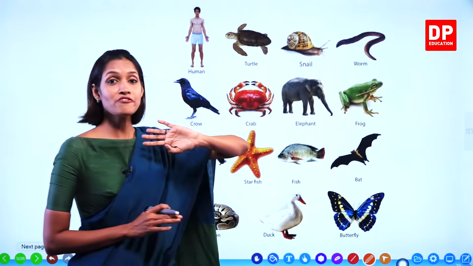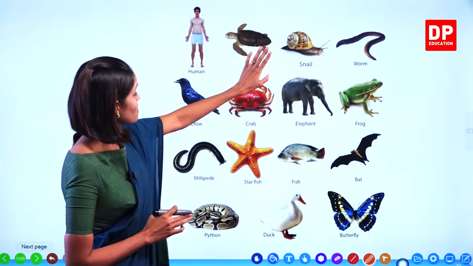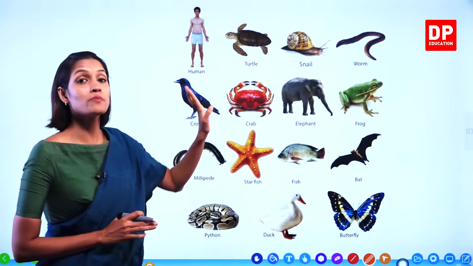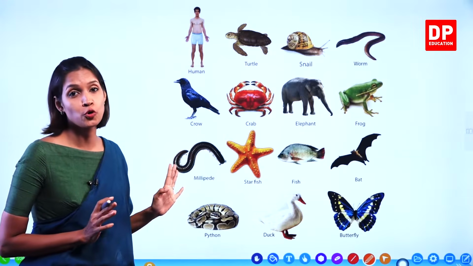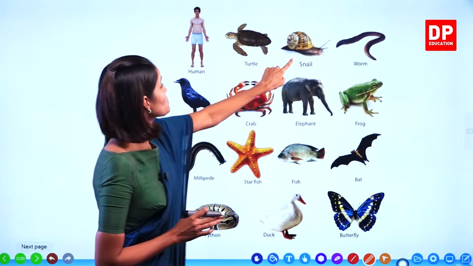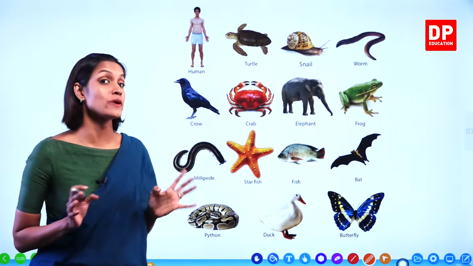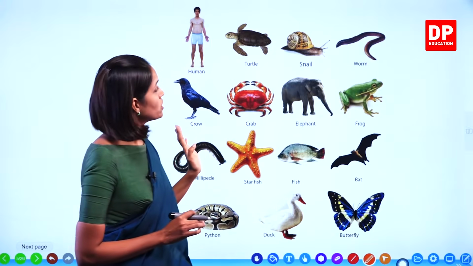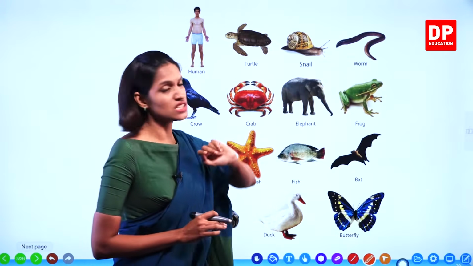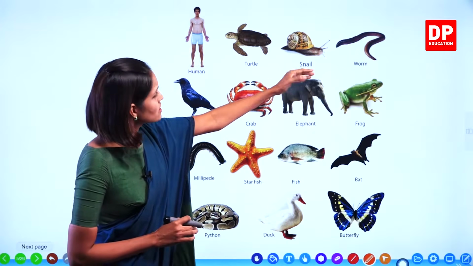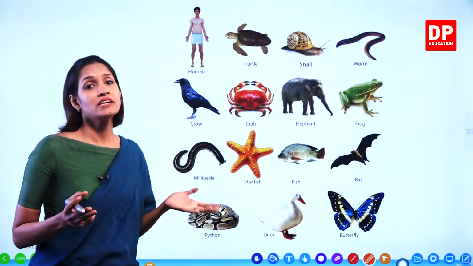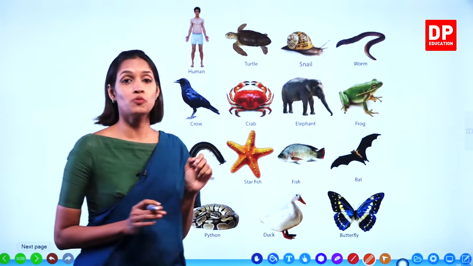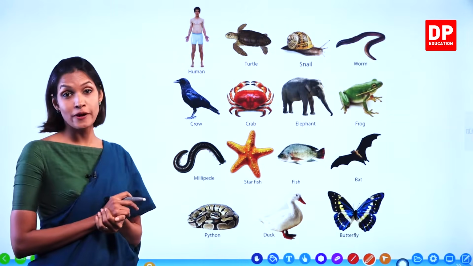Snail doesn't have legs, but it uses a muscular part called the muscular foot to locomote. Using the muscular foot, the snail can move. What about the worm? Now this is an earthworm. Earthworm also doesn't have legs, but it uses its own body to locomote. It can crawl through the soil particles.